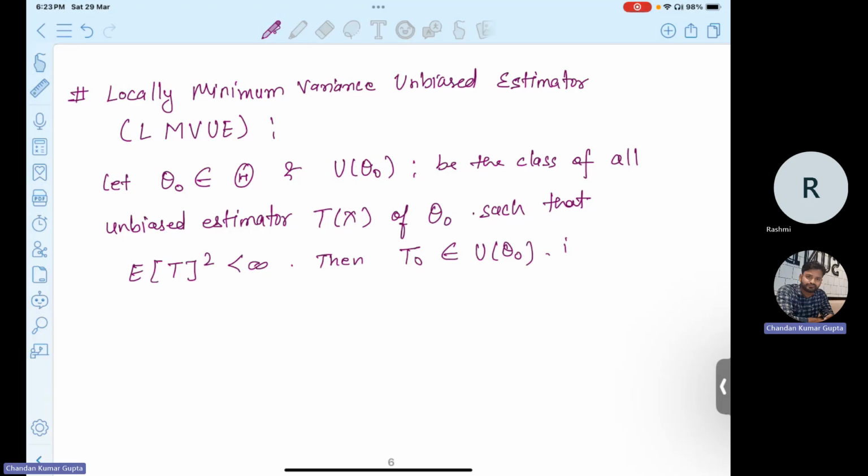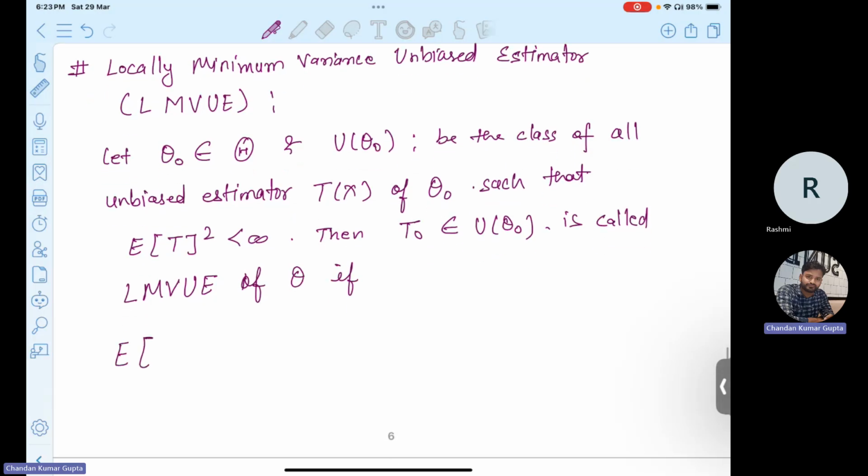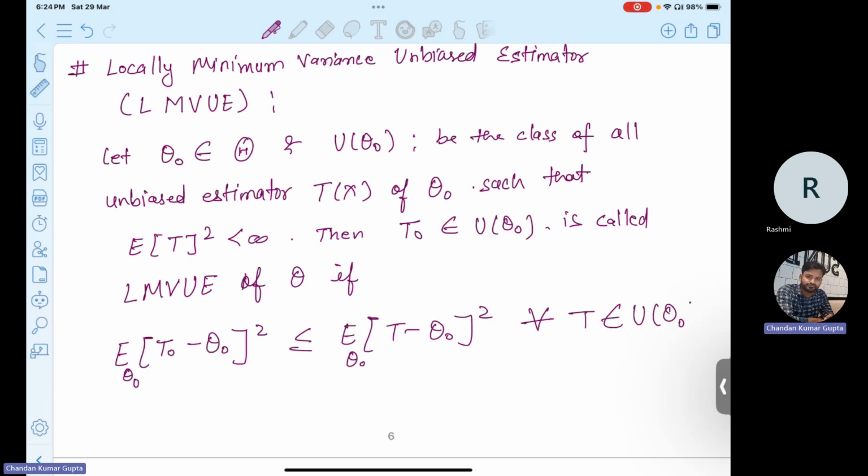This is called the locally minimum variance unbiased estimator of theta if, under theta naught, the expected value of (T naught minus theta naught) whole square is less than or equal to the expected value of (T minus theta naught) whole square for all T belonging to the unbiased estimator class U(theta naught).